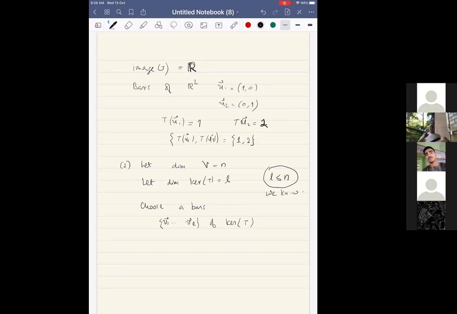The subspace has dimension L, so the basis will have L elements. Because it's a basis of the subspace, this is a linearly independent set of vectors in the subspace. Therefore, it is a linearly independent set of vectors in V. So this is a linearly independent subset of V.